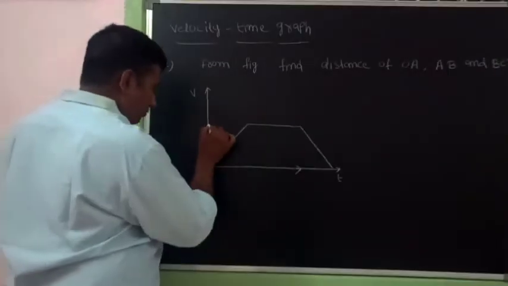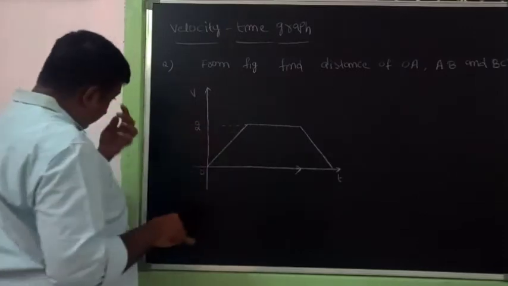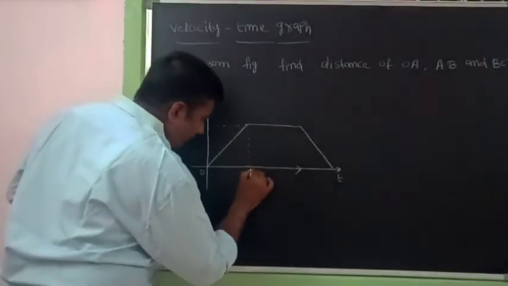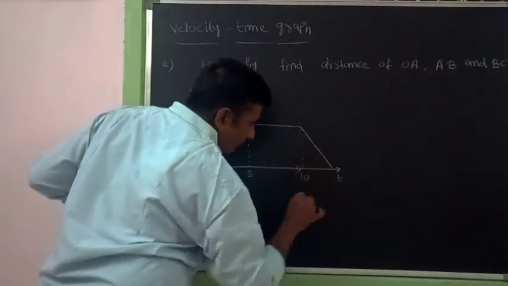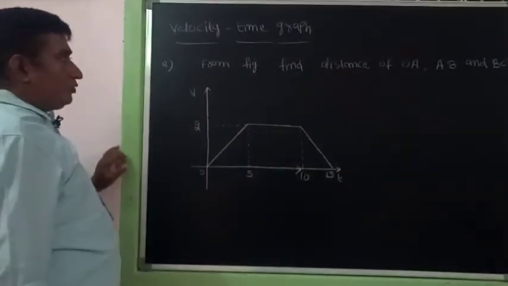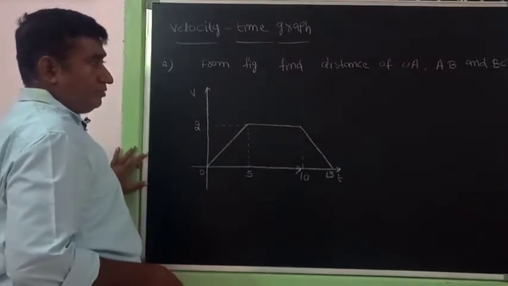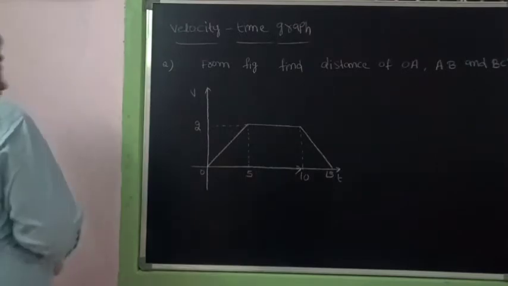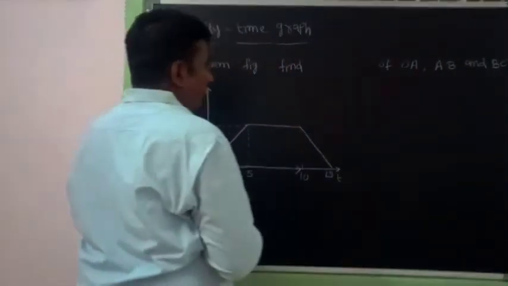For example, if this is 0, I can take this as 2. Example only, if this is 5, I can take this as 10 and then this as 15. Now they are asking to find the distance, sorry, not distance, they asked to find the displacement.